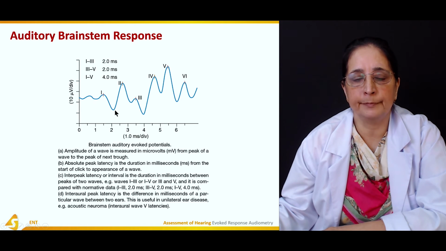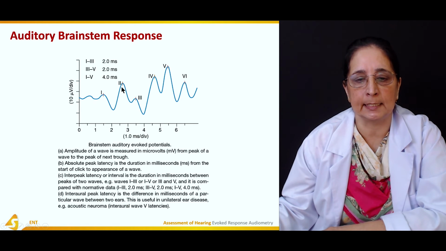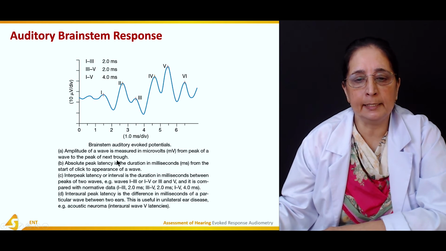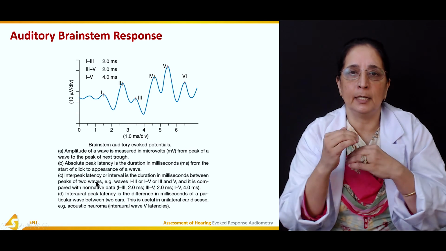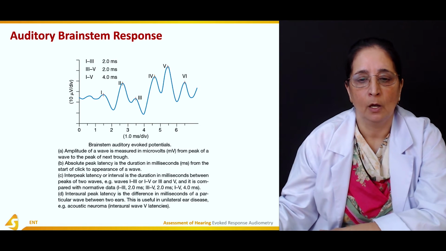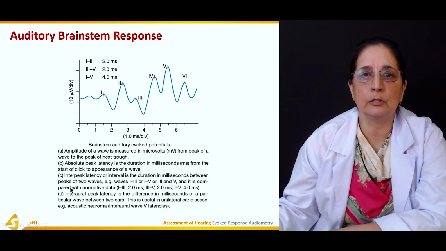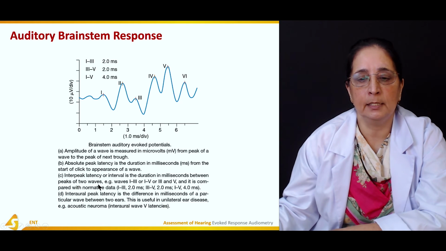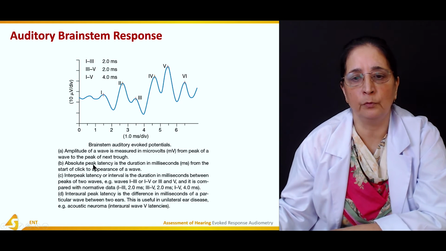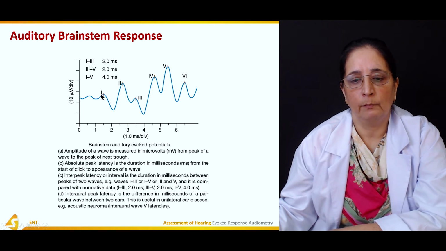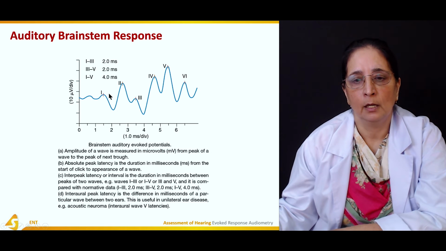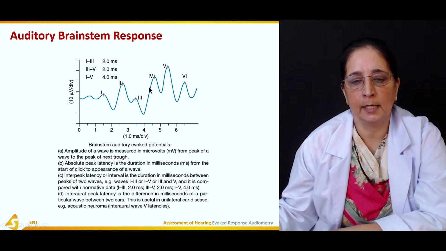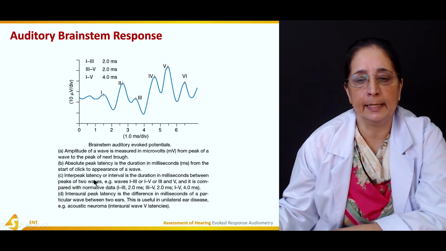Then what's the interpeak latency? Interpeak latency, or interval, is the duration in milliseconds between the peaks of two waves. It's the difference between the peaks of two waves. So from 1 to 3, 1 to 4, all that is interpeak latency.